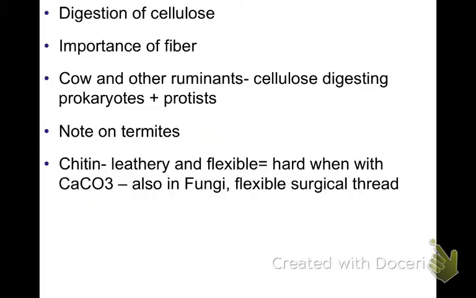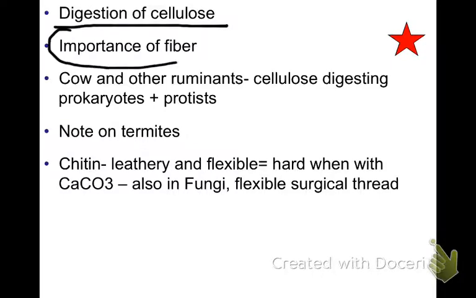Okay, so cellulose digestion is critical for herbivorous creatures. Okay, it's forming a source of nourishment. And there is the importance of fibers in human beings, who don't have an enzyme to break down cellulose, but yet they have to consume a lot of fibrous material through plant material or leaves, lettuce leaves, spinach, and many others.